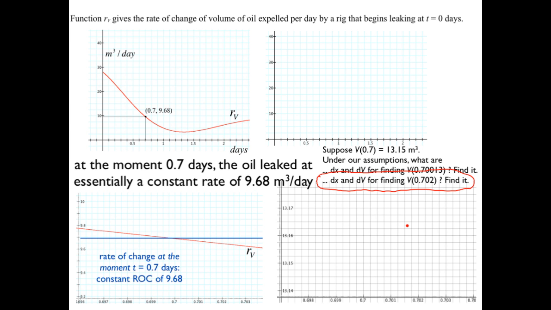So here's your given. You know this. We're supposing that this is how much we've got at 0.7. So our goal is to find V at 0.702. So first determine dx and dV. Hint: use stuff we've learned in the course so far.